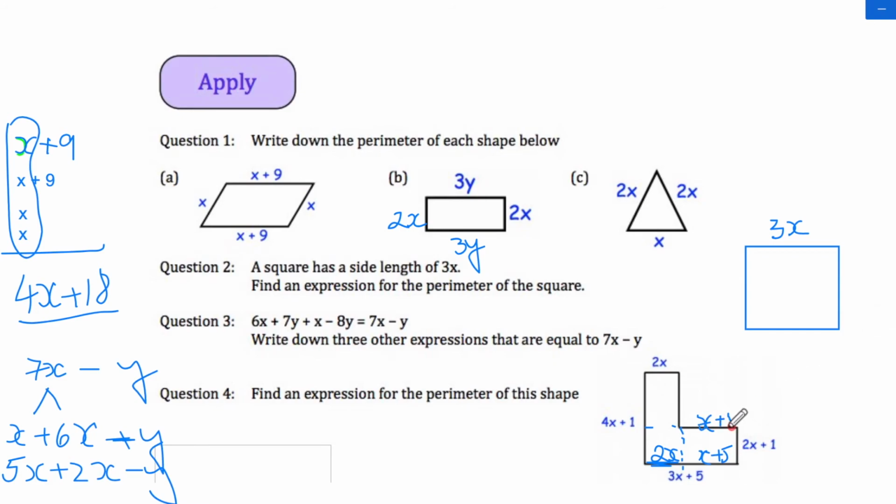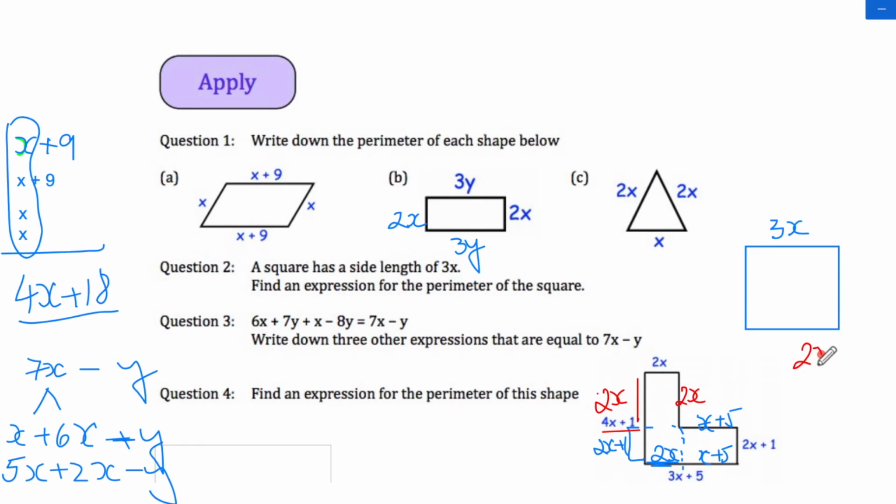And on this side here, this part is 2x plus 1, and the whole thing is 4x plus 1, which means that this part here is 2x, because if you add 2x with 2x plus 1, you get exactly 4x plus 1. So if that's 2x, this is also 2x. Okay? So now you need to add them up.